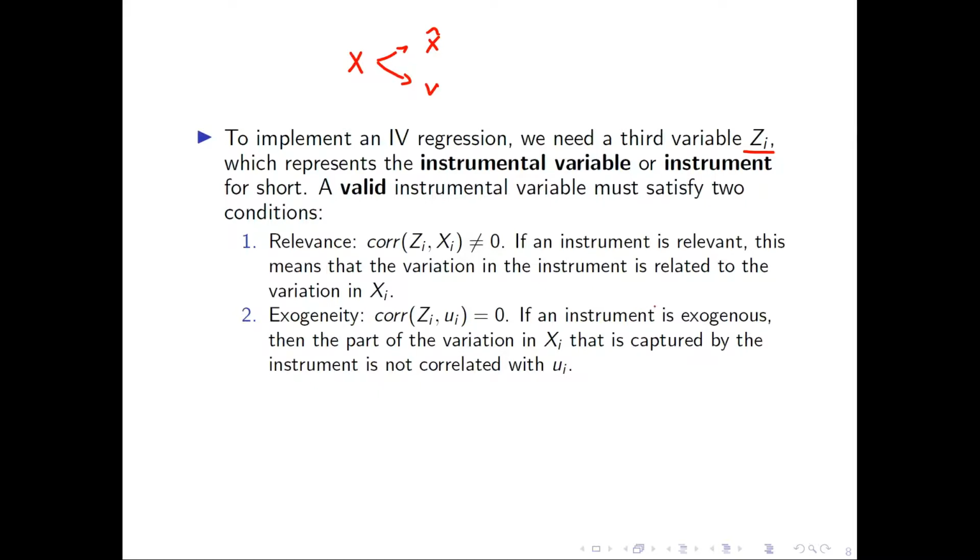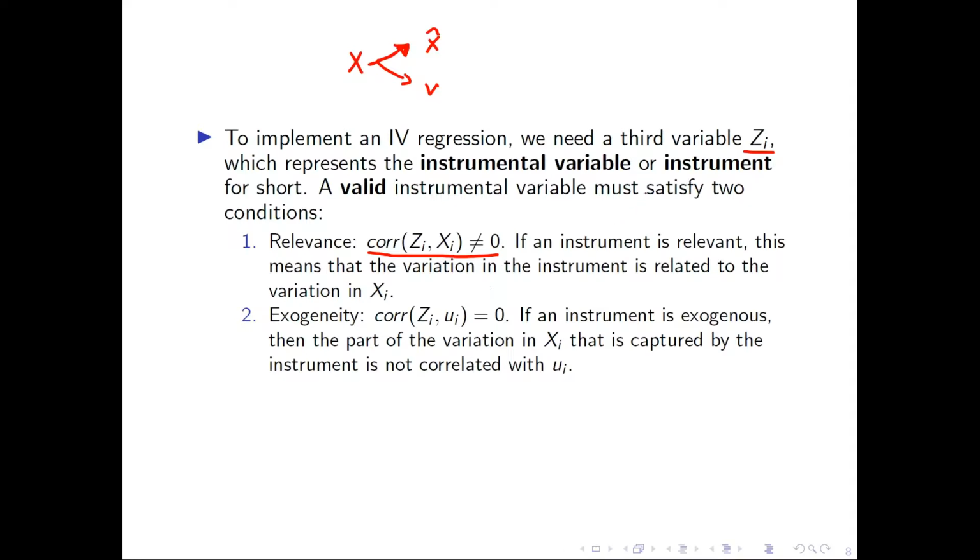For this instrumental variable to be useful, the correlation between the instrumental variable and x should not be 0. There should be a correlation between x and the instrumental variable, because we are going to use the instrumental variable to say something about or predict the x variable.